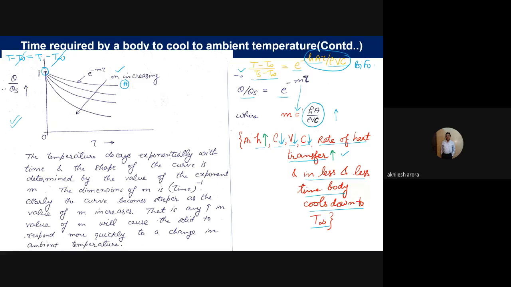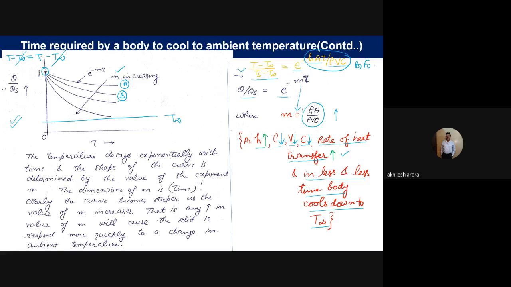Now when I increase the value of m, the graph follows the shape b, because now the rate of heat transfer has increased. So the temperature of the solid starts decreasing at a faster rate. If I say this is T infinity, then if you increase the value of h, the curve followed will be b.